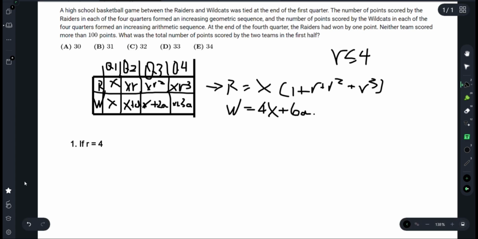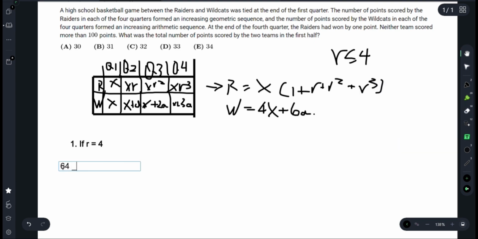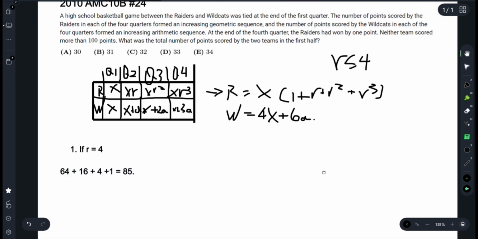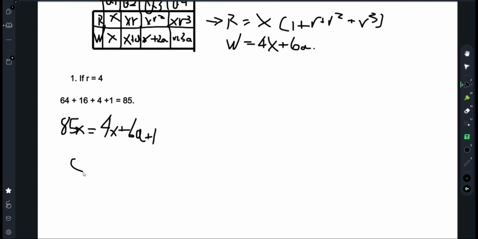If R is 4, then 64 plus 16 plus 4 plus 1 is 85. So we have 85x is equal to 4x plus 6a plus 1, because the Raiders won by 1 point. This 81x is equal to 6a plus 1.